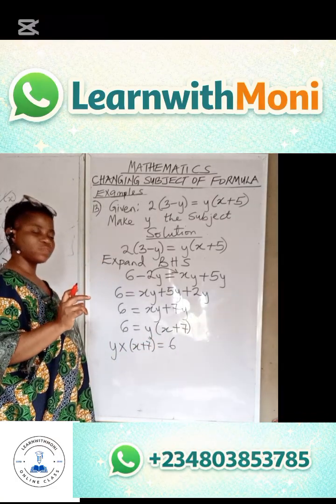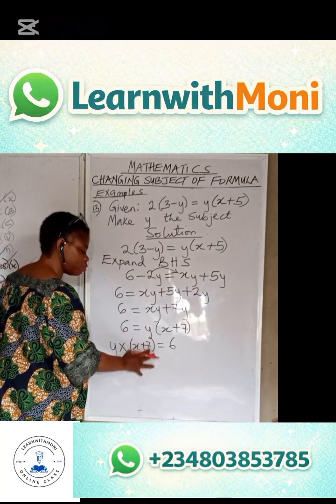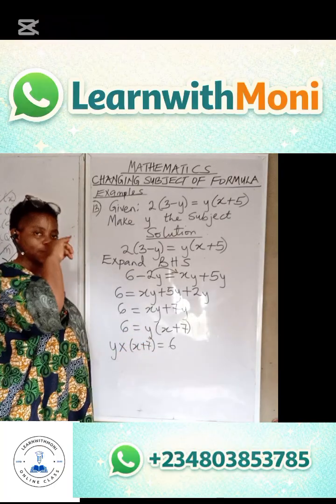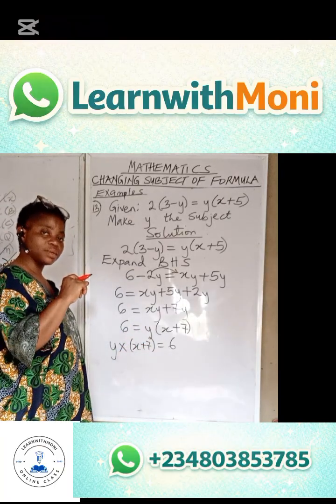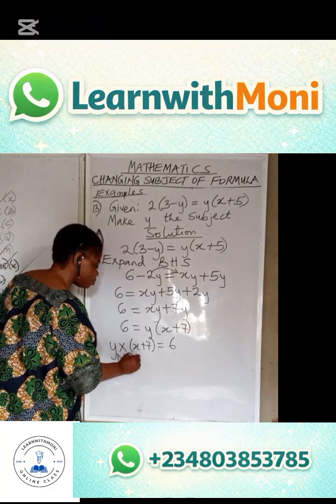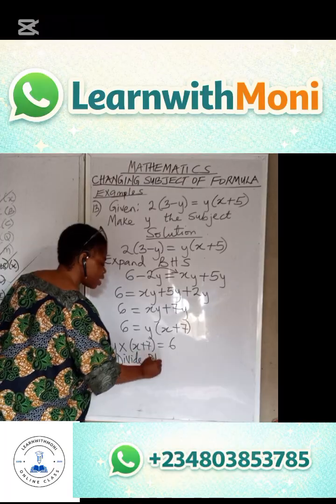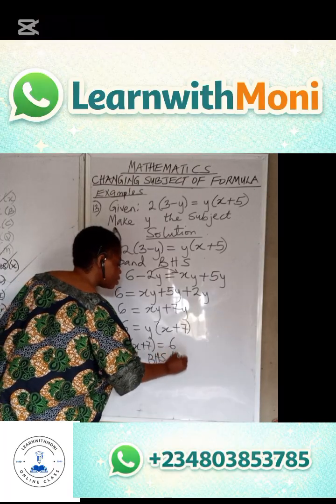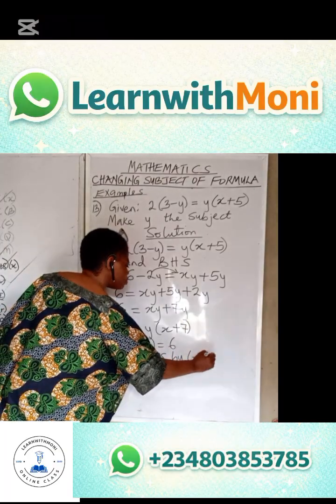Since I want my y to stand alone, that means I want to remove this times x plus 7 from the left hand side, by dividing both hand sides by x plus 7.